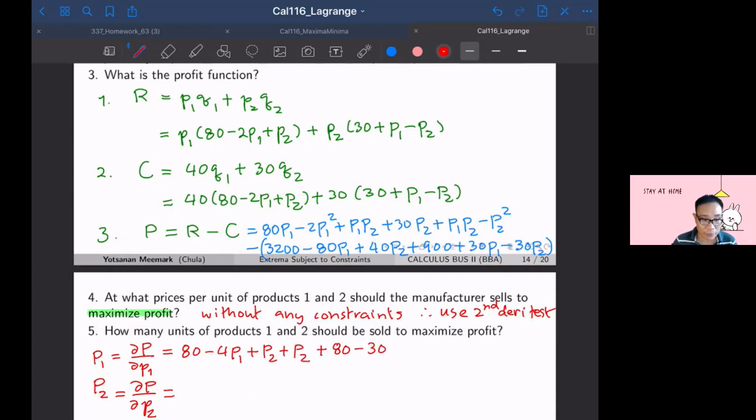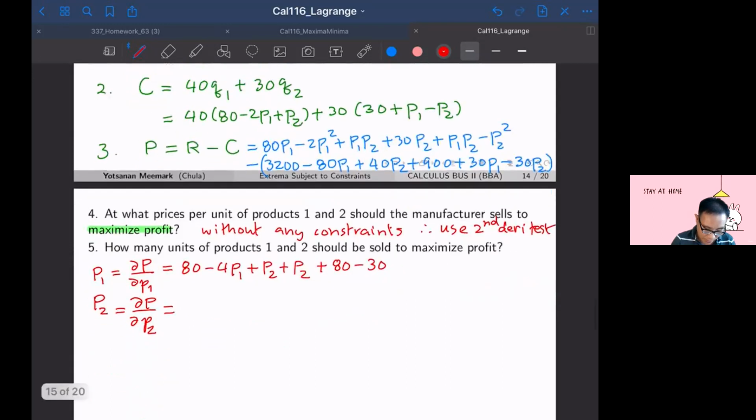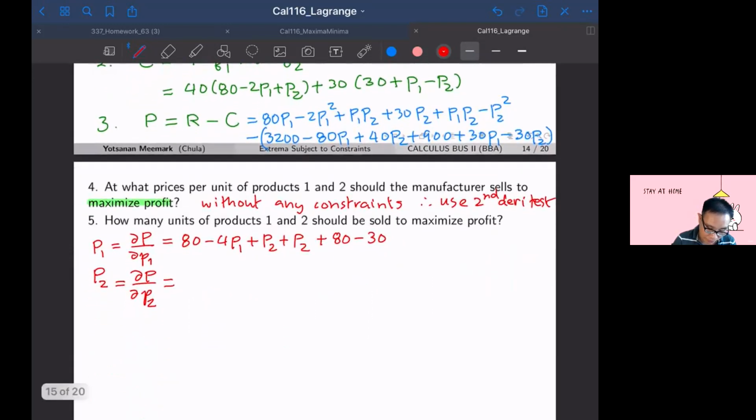Okay, so this one will be the derivative with respect to P1, and the derivative with respect to P2 turns out to be, let me differentiate first. So it's gonna be 0.